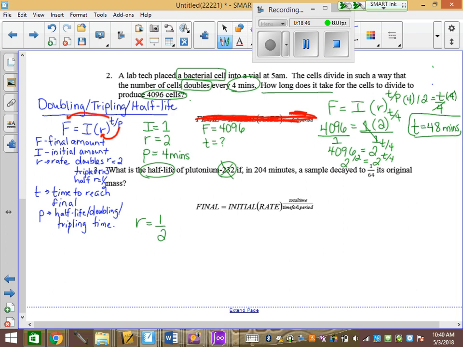What are they asking me to find? How long it takes to half, which is P. So what is the half-life of plutonium-232 if in 204 minutes, what's that?